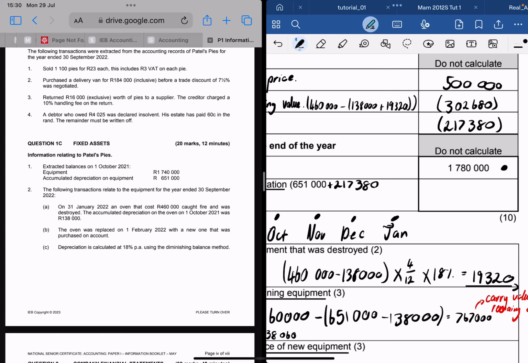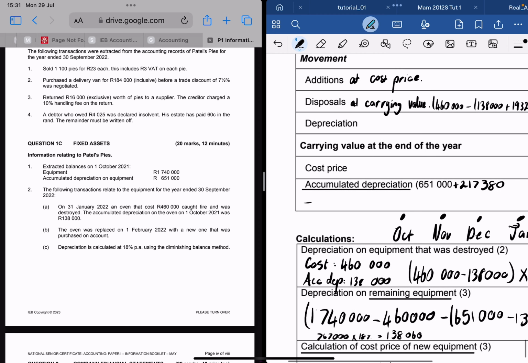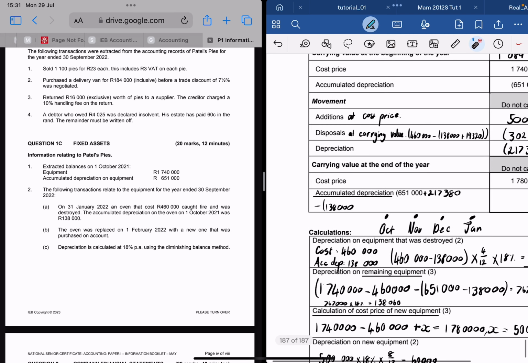But now the issue is this figure, both of these figures actually, this figure includes the accumulated depreciation of our sold vehicle, and this figure includes the depreciation of our sold vehicle. So they both include parts that shouldn't be there. So we subtract the 138,000 because the 138 is included in this 615 and it shouldn't be, right?